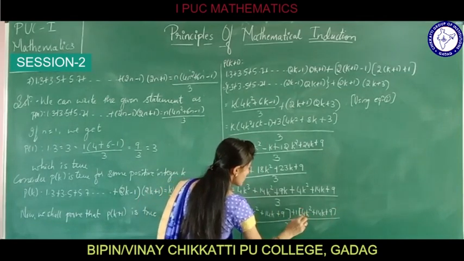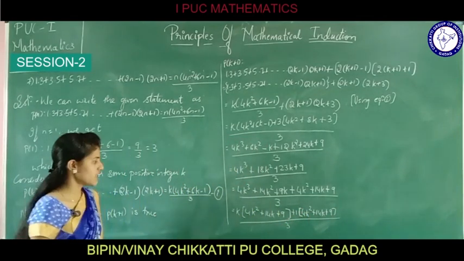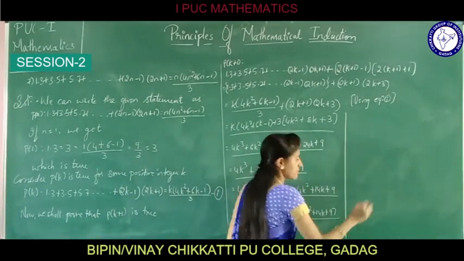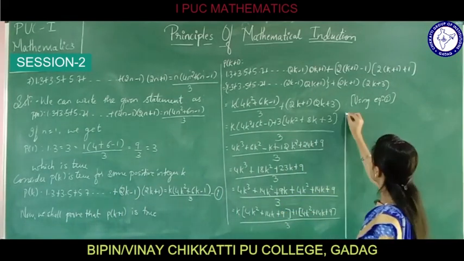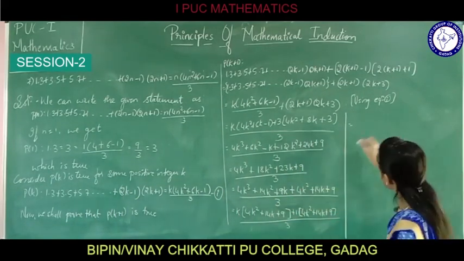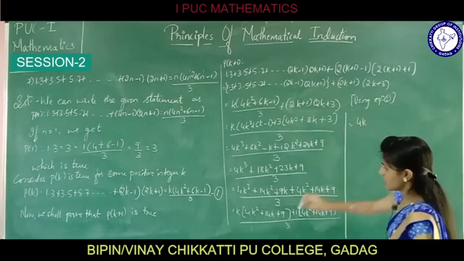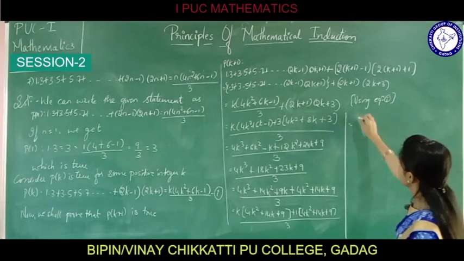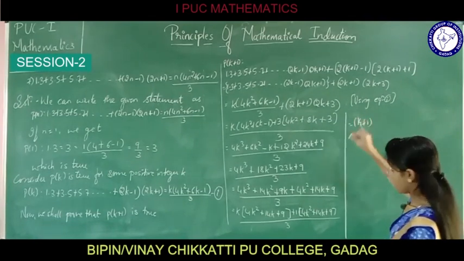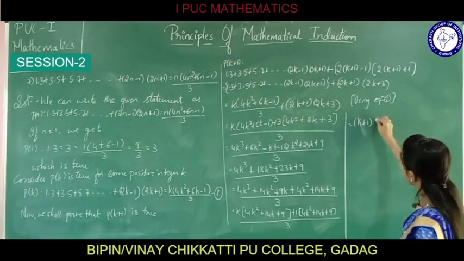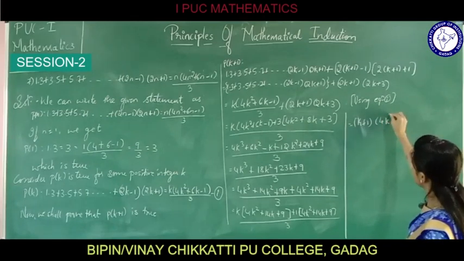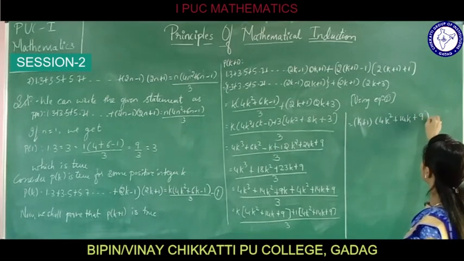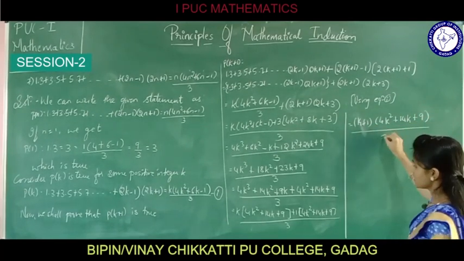Now taking out the common terms again, we are left with 4k plus 1 into 4k square plus 14k plus 9 divided by 3.